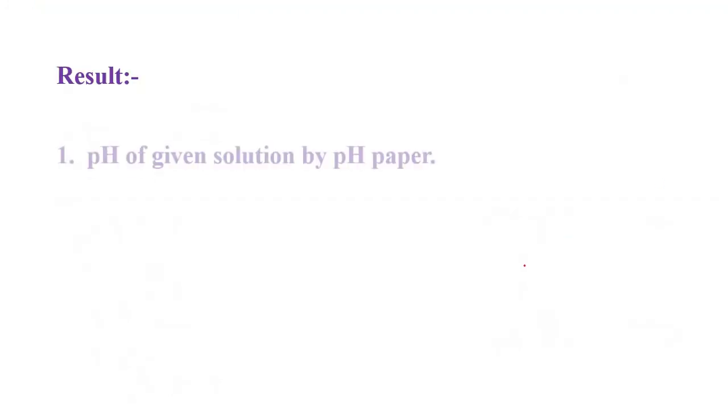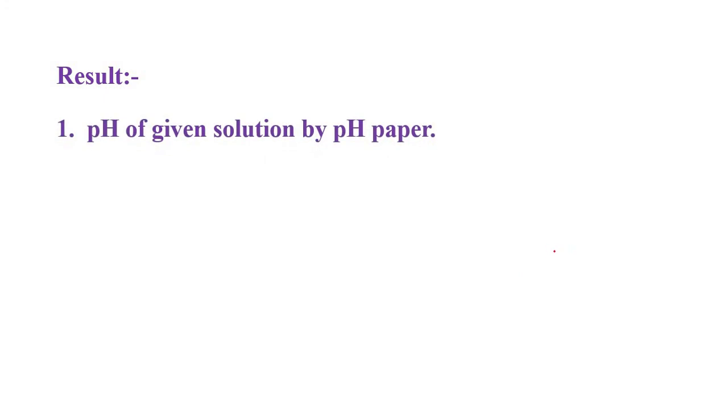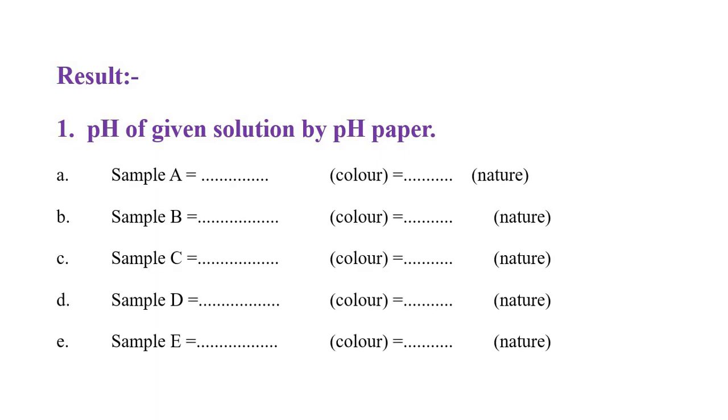So we have to make a result table for pH by pH paper and pH by pH meter. First of all we will see the pH of the given solution by pH paper. These are the observations for samples A, B, C, D and E. Now you have to note down the color, and depending on the color you have to find out the nature of the particular solution.